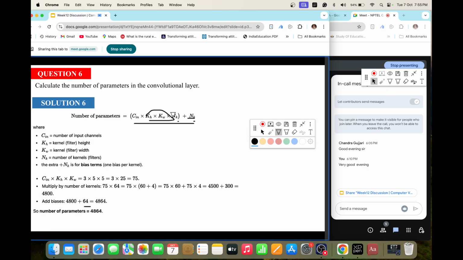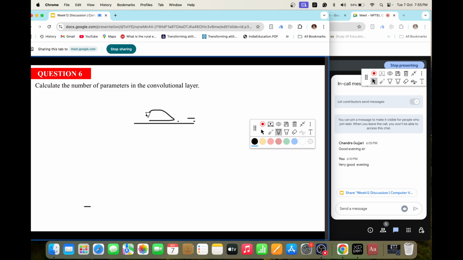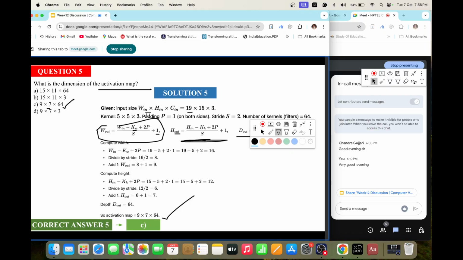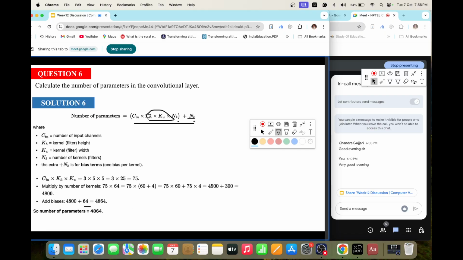And you have 5 into 5, that will be your kh into kw, and c input is nothing but your 3. Just do the calculation, and this portion will come to 4800, and plus you have to add this nk, that is 64. So the answer will be 4864. Again, simple formula, just put in the formula and get the answer.